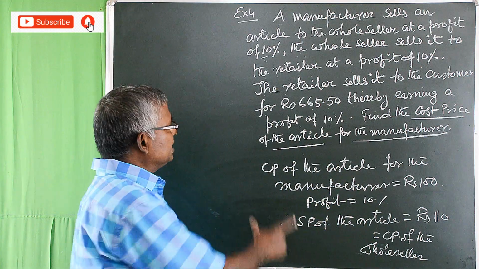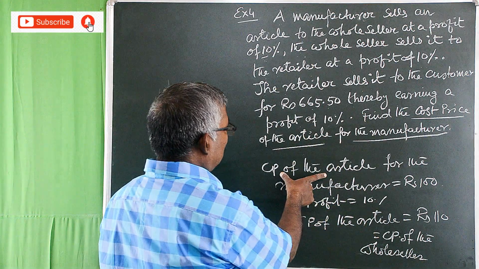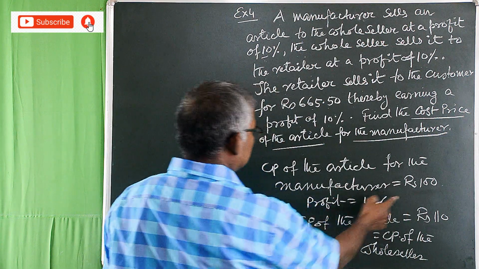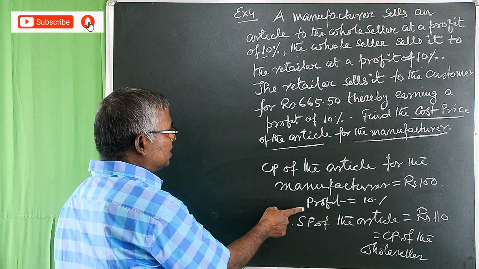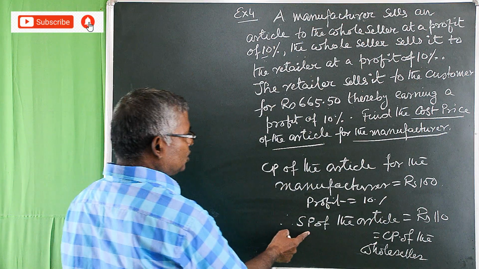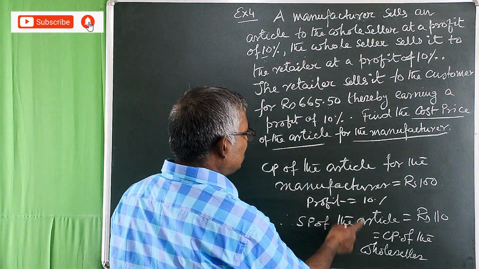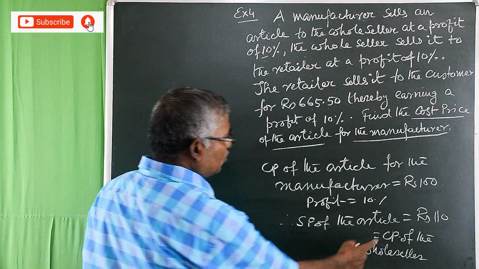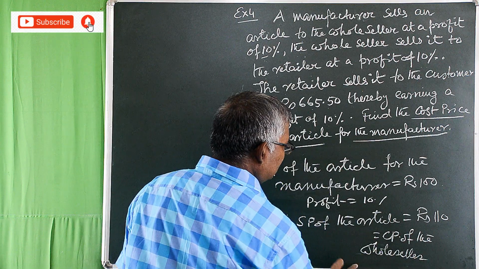Since the manufacturer earns a profit of 10%, the selling price of the article for the manufacturer is rupees 110, which is the cost price of the wholesaler.